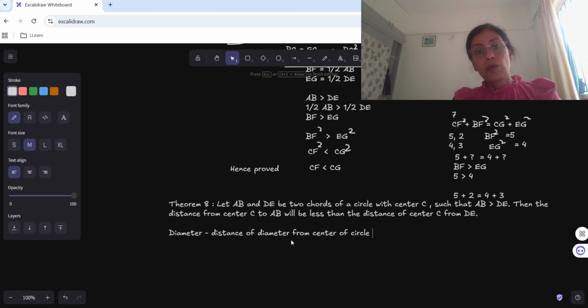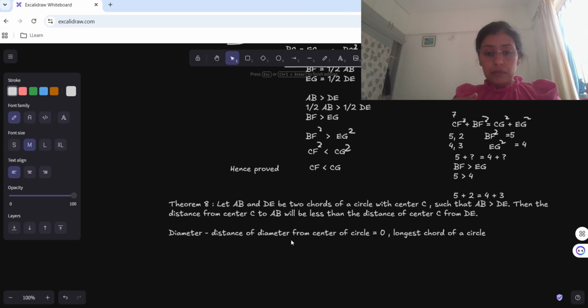Now, if we are asking what is the distance of diameter from the center of the circle, it is already passing through that center. This means the distance is 0, right? And we say it is the longest chord of a circle. So can you see the relation? The longer the chord becomes, the shorter the distance from the center to that chord becomes, right? The longer the chord, the shorter is its distance from the center. Diameter is the longest chord, so its distance from the center is 0.